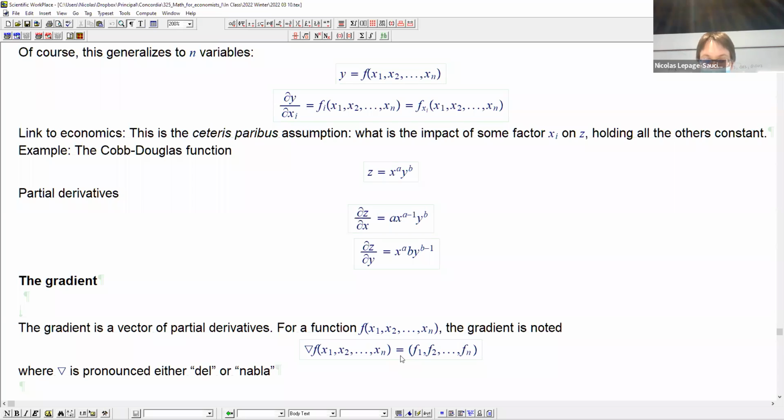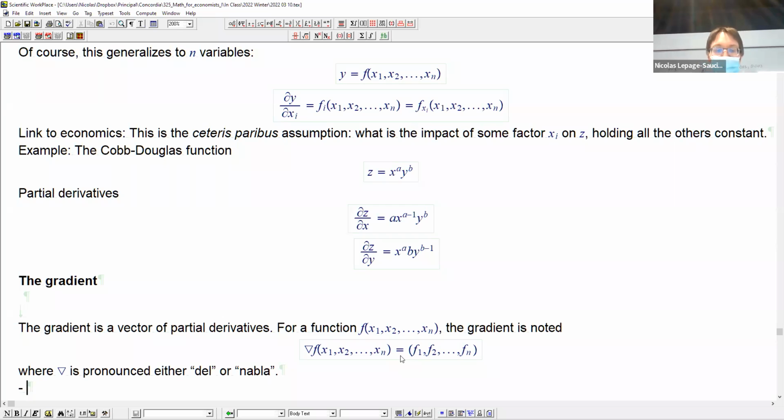And it's not really a Greek letter. I'm not sure exactly where it comes from, but we use it to represent the gradient. I'm using the same notation as in the books, representing the vector between parentheses.